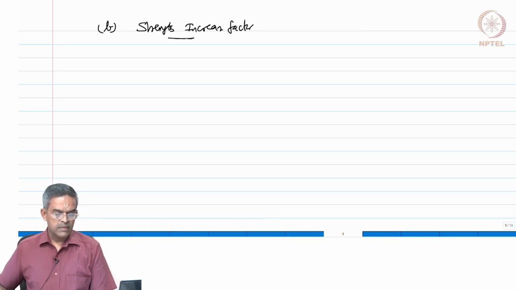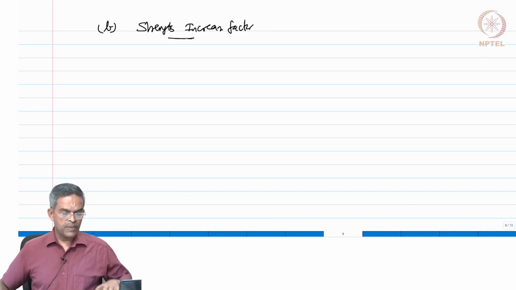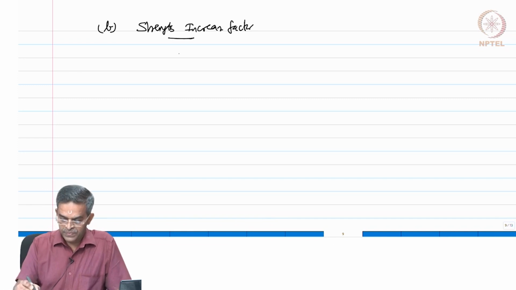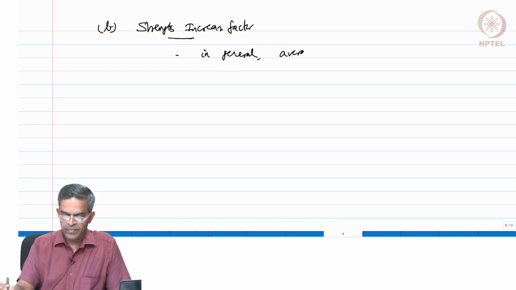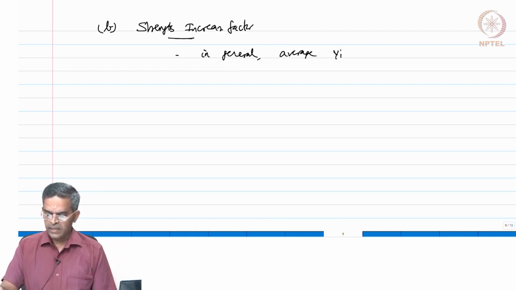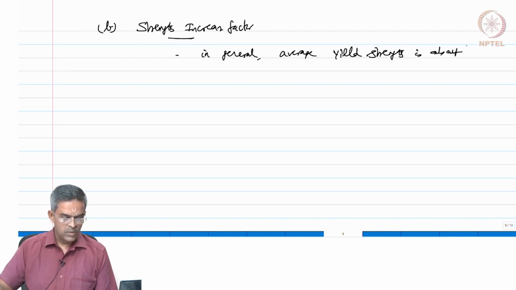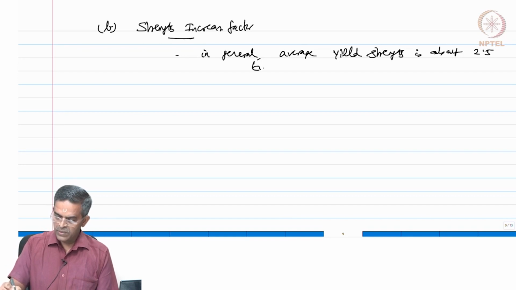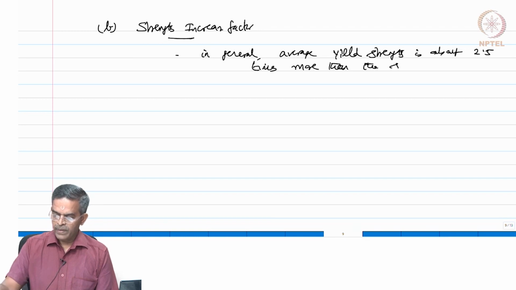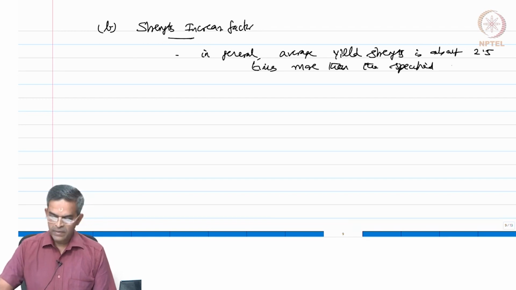In practice, the average yield strength of the material is in general about 2.5 times more than the specified minimum values for those grades of steel.